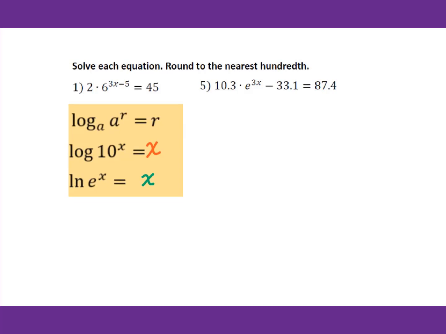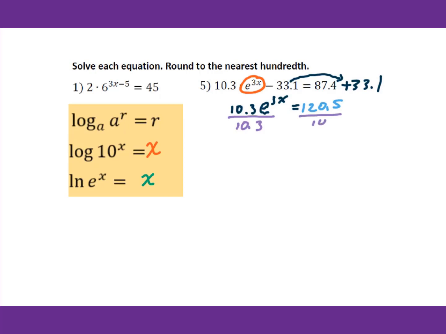Now let's go to number 5. First of all, you need to isolate this exponential form. Therefore, I add 33.1. Then we divide it by 10.3 both sides.